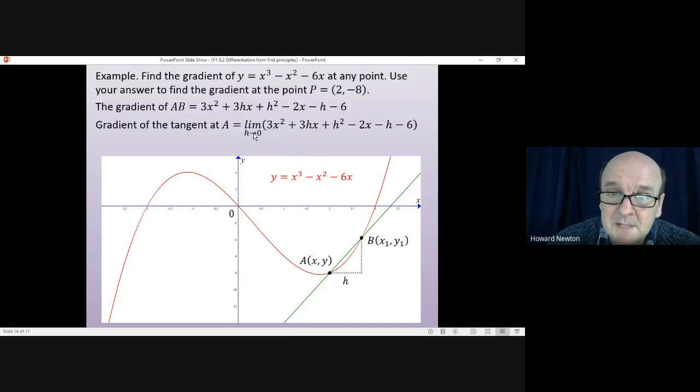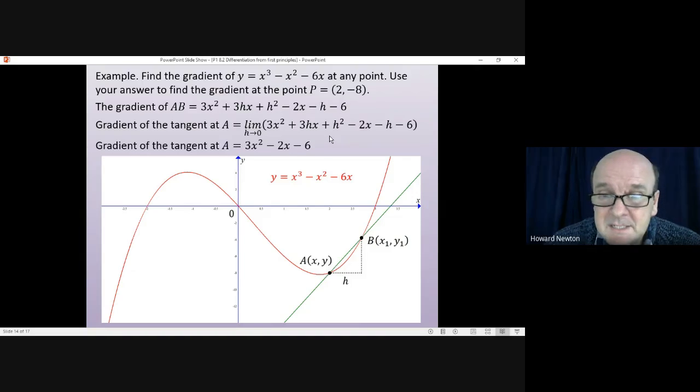And the way we write that down is we say it's equal to the limit as h tends towards 0 of this expression. And as h tends towards 0, we'll get closer and closer to the gradient. And the limit is what happens when you actually arrive there, when h is equal to 0.